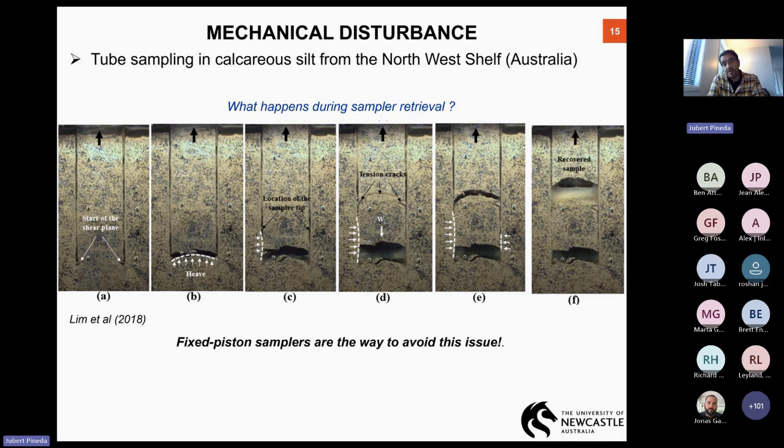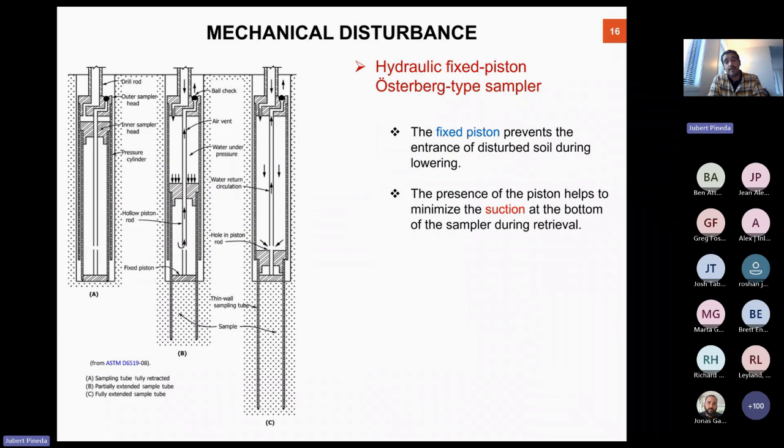How can we minimize this influence? We can include an internal piston in order to minimize this disturbance. The sketch on the left-hand side is the operational principle of the fixed piston sampler that I guess you are familiar with as well. This has two tubes instead of one: an external thick tube in which we encapsulate an internal standard Shelby tube.